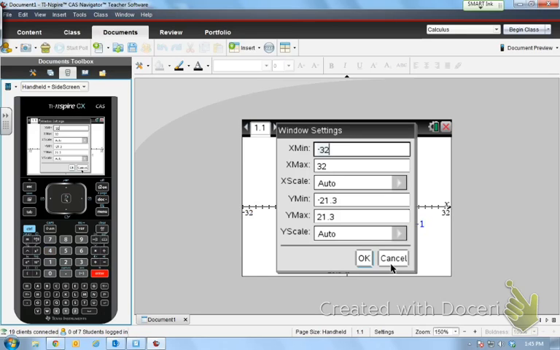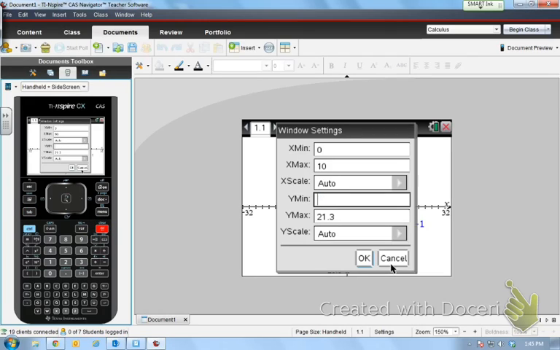Window settings. X min, we don't need really anything in the x direction that's negative because sequences start at 1. X max, let's just go to 10. Mine changed because I accidentally hit something. Tab, tab. Y min, we know these get big fast.